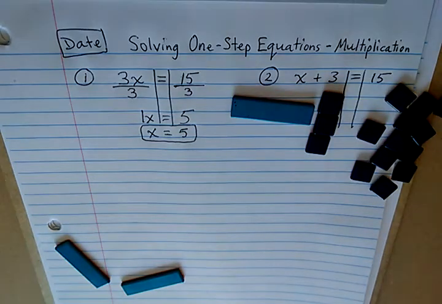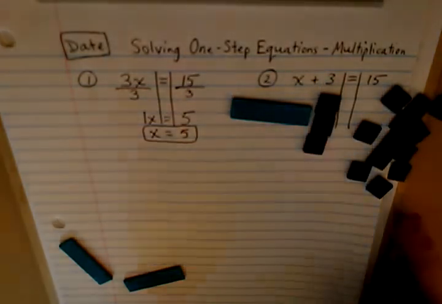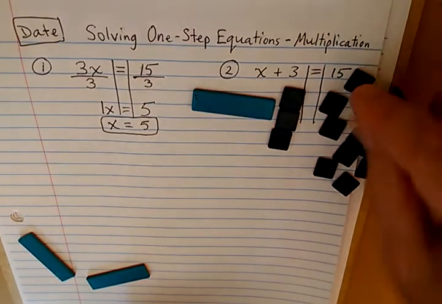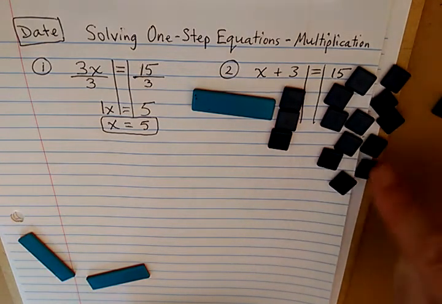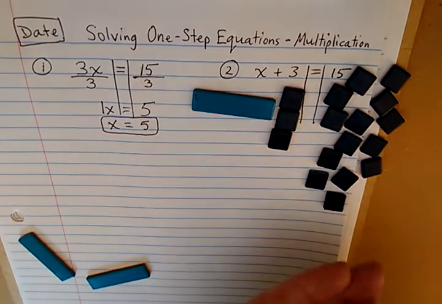So I'm going to need some more ones. Let's see if we can move this over here. So we've got 1, 2, 3, 4, 5, 6, 7, 8, 9, 10, 11, 12, 13, 14, 15.